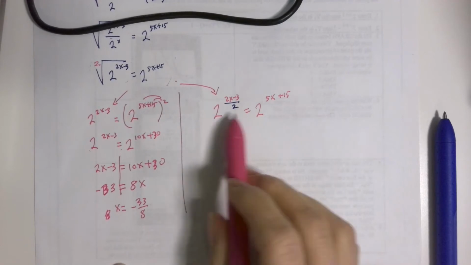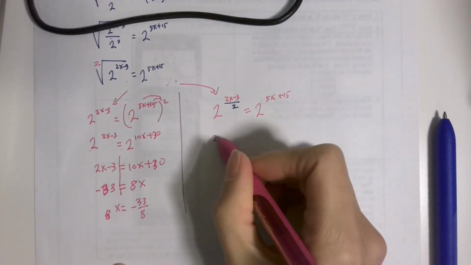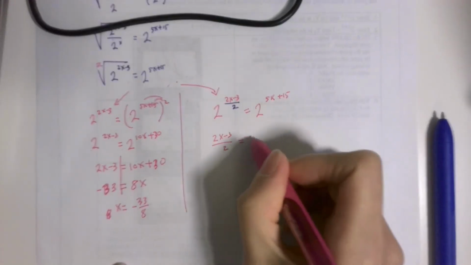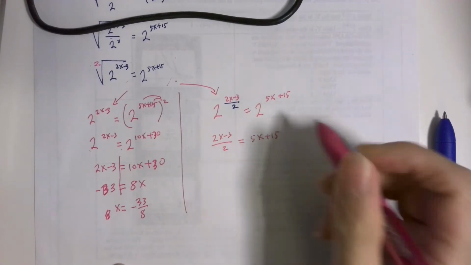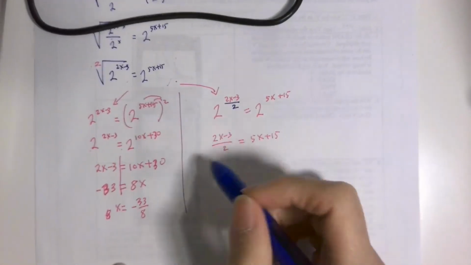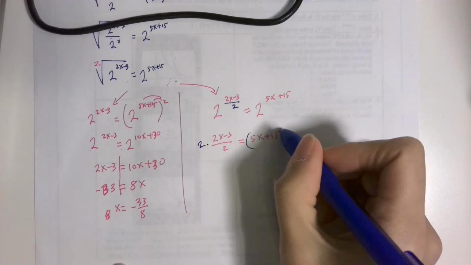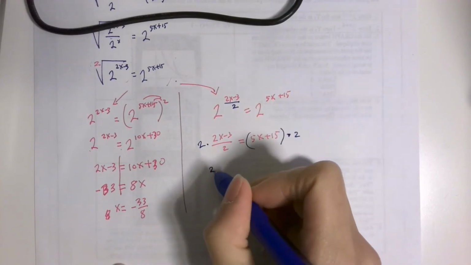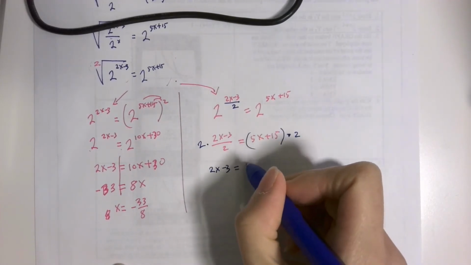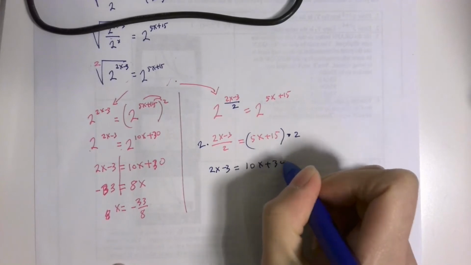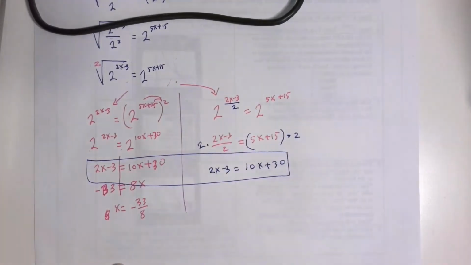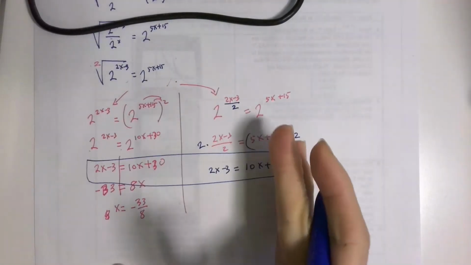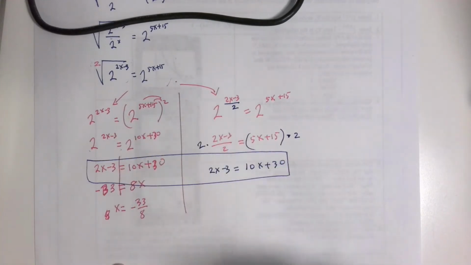Then the bases are the same, so I can just take my exponents equal to one another and solve it. To get rid of that 2, I'm going to multiply by 2 on both sides. To get 2x minus 3 equal to 10x plus 30, and notice we are at the same step. So either way works. Okay, cool.